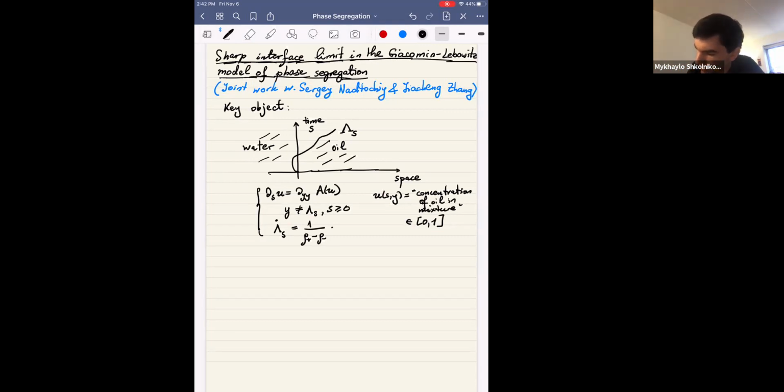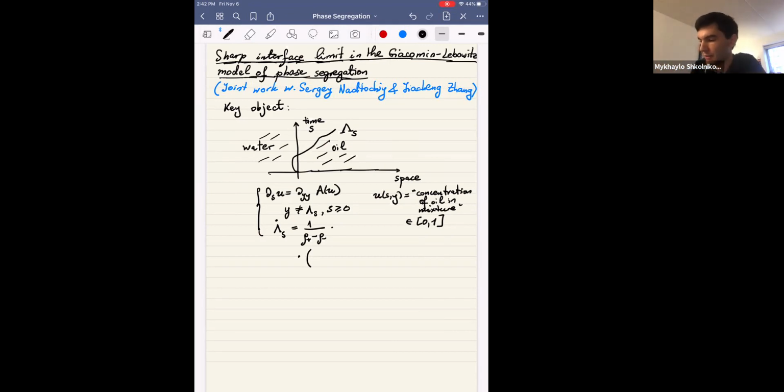This constant will multiply two terms, which will be related to the flux between the two phases. Roughly speaking, the boundary will be driven by oil flowing from the water phase towards the oil phase, and by water flowing into the water phase. So both of them will try to reach some sort of equilibrium for that phase.